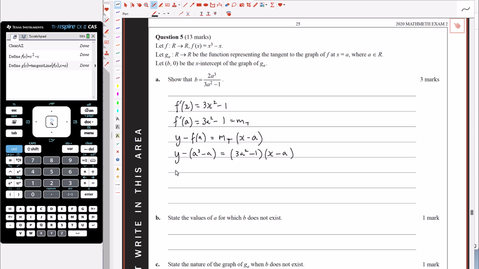Okay, so the equation of the tangent, actually we don't even need to simplify it really. We can just say this here is the tangent. Let me just move this down.